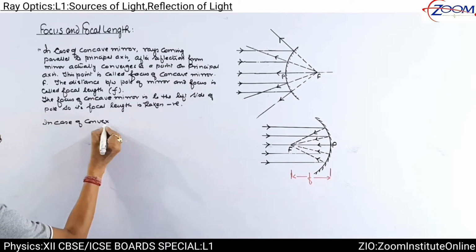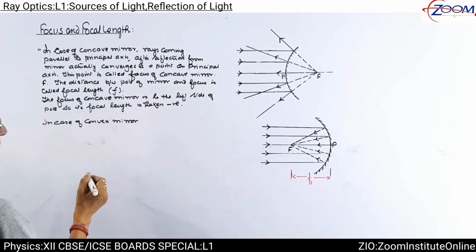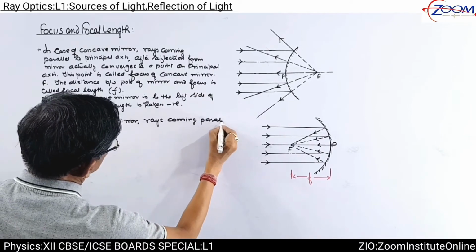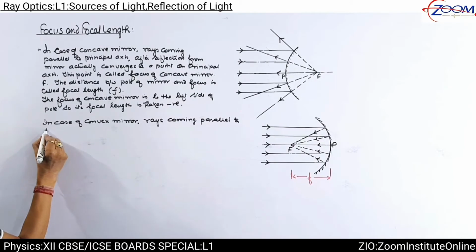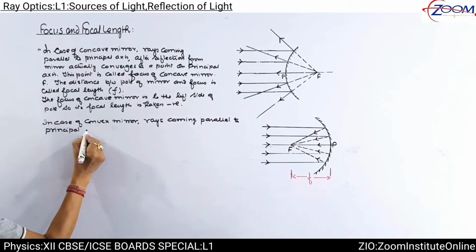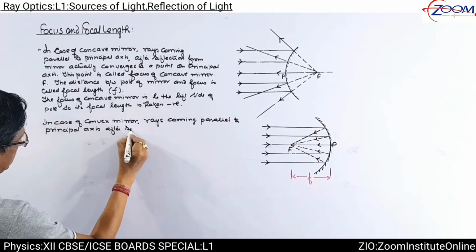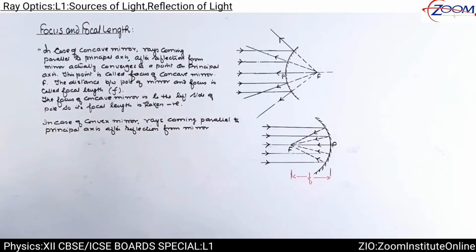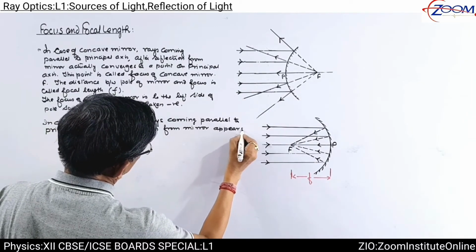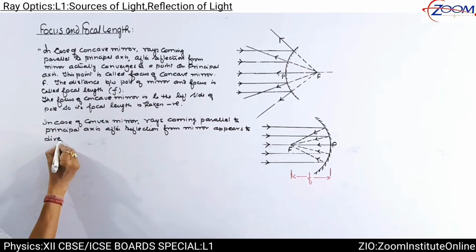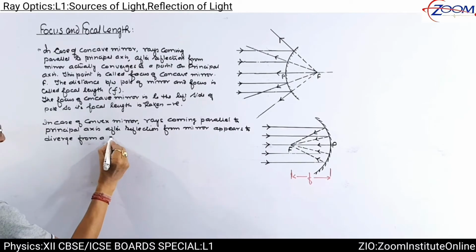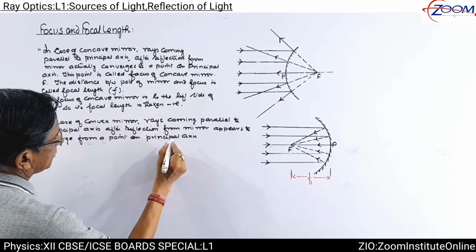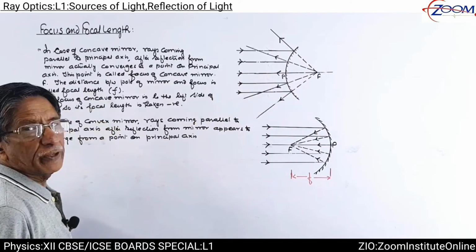In case of convex mirror, rays coming parallel to principal axis after reflection from mirror appear to diverge from a point on principal axis.